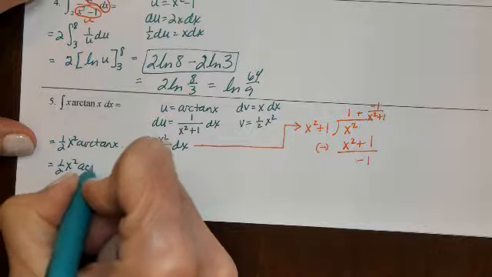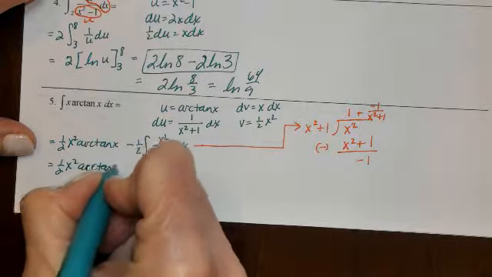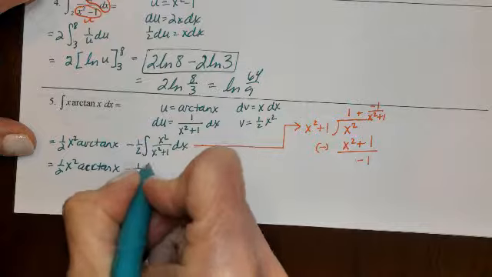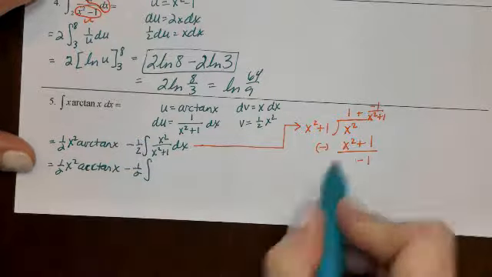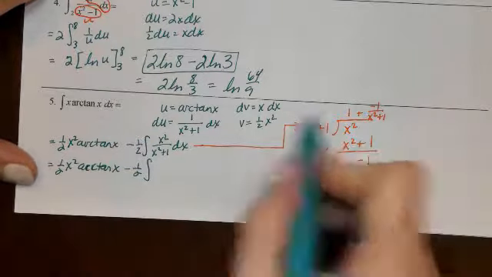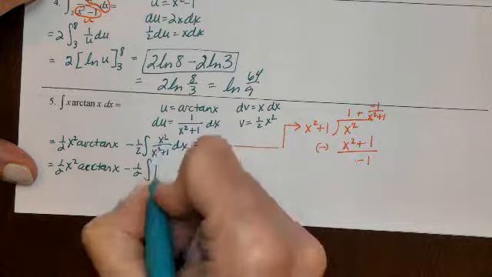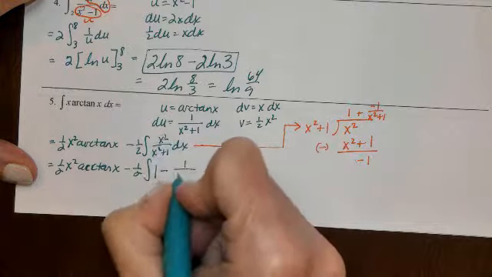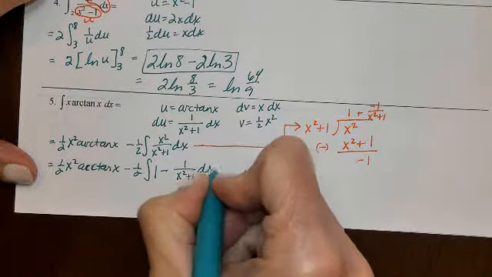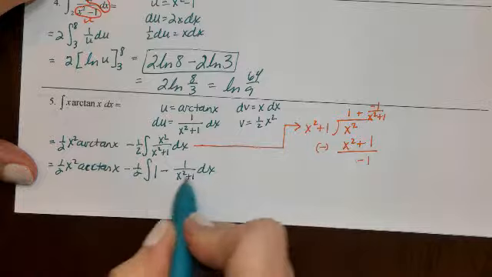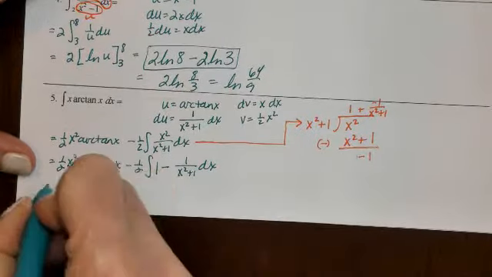just rewriting this, arctan. Okay, I'm going to put this quotient in here. So 1 minus 1 over x squared plus 1. And now I can take the antiderivative of each of these pieces.